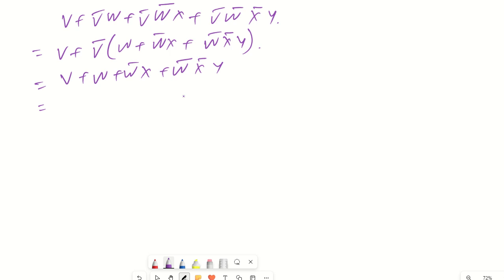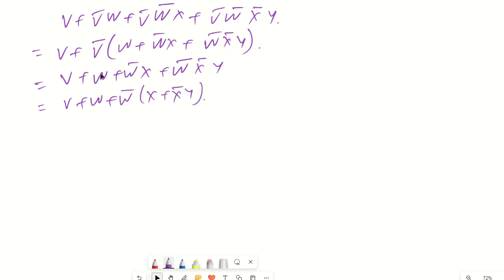Now I can take W common, so V + W into what is going to happen? I can write it down the same way as (W + W̄)(X + X̄Y).